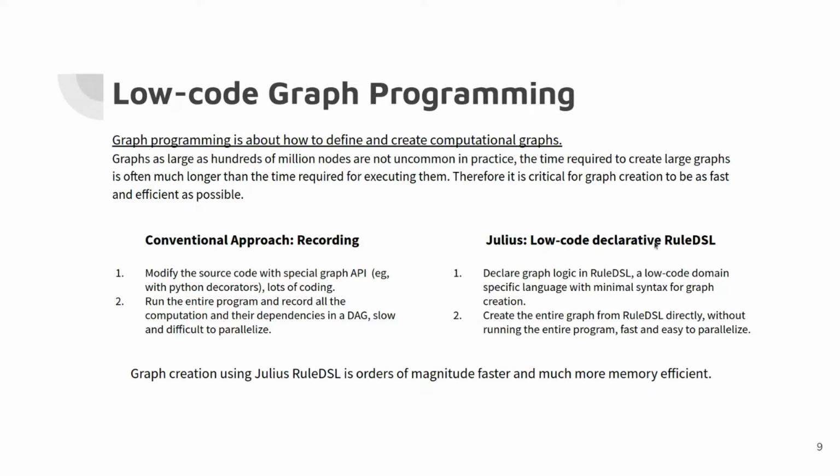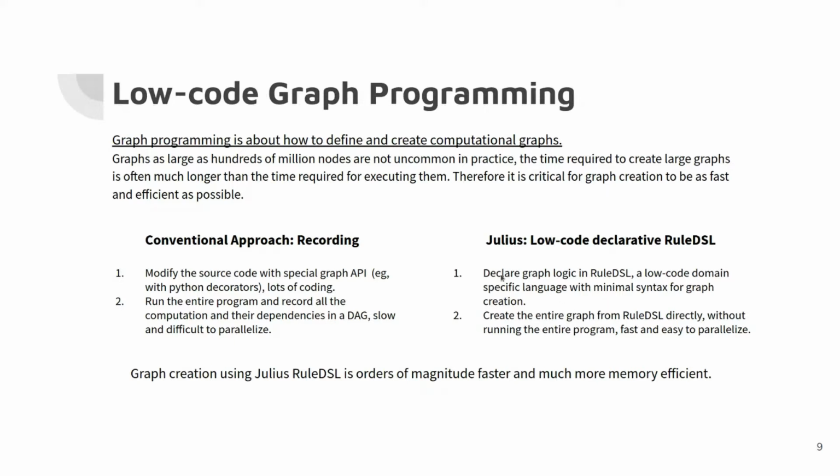So the Julius low-code graph programming approach is based on a DSL, a domain-specific language called root DSL. It's a very simple declarative syntax, with minimum features. It is specially designed for graph creation.